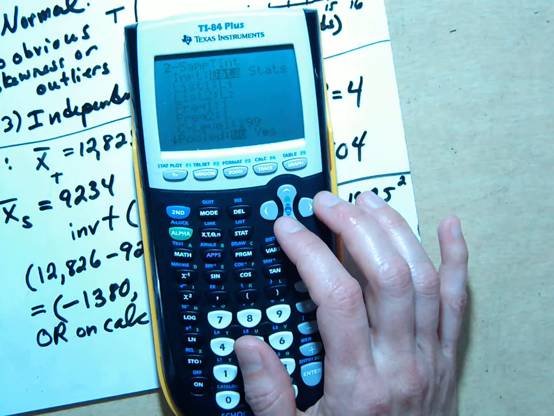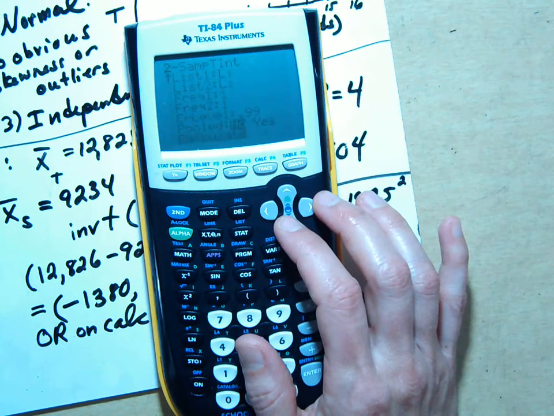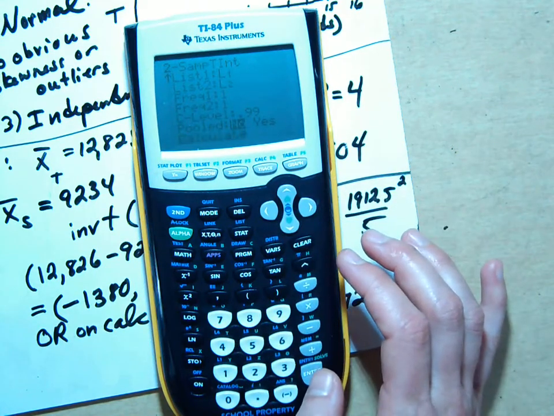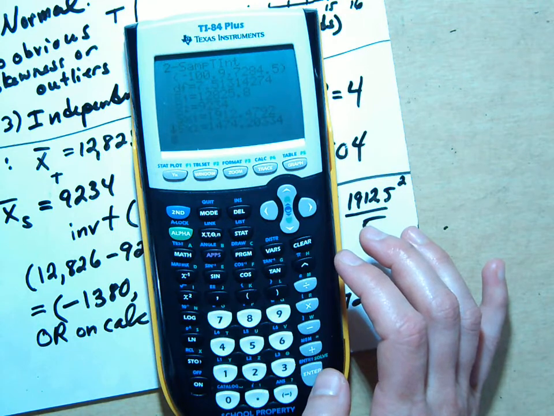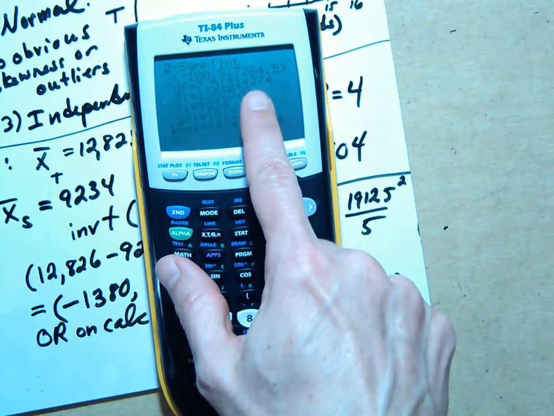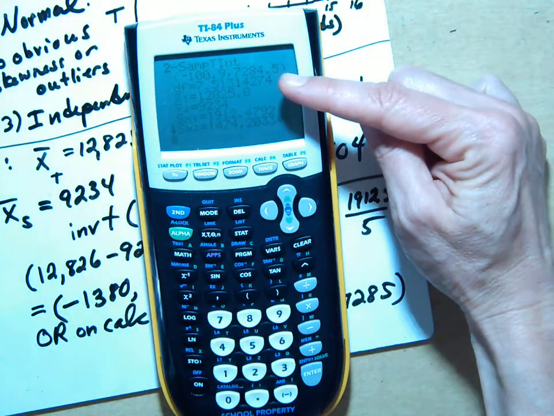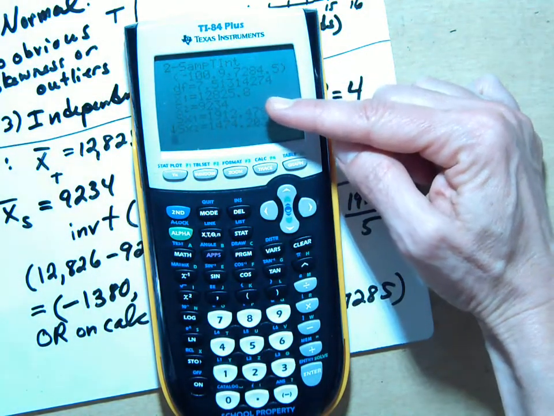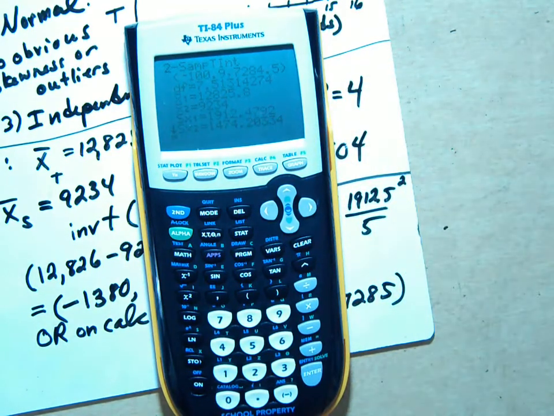Pooled is always going to be no for means. And calculate, so you hit enter. And voila, negative 101 to 7285 roughly. And it tells you what degrees of freedom and the sample mean and standard deviation are, but you don't need it.